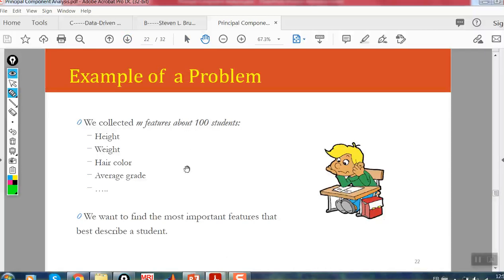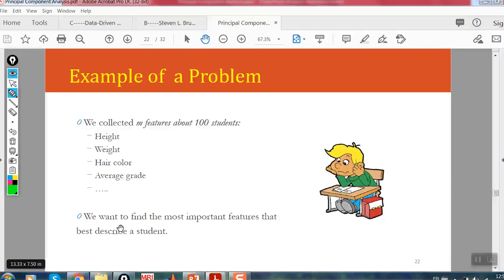For example, you have 100 students. You measure the height, weight, hair color, average grade, the color of eyes, the thickness of hair. Okay, and then each student has these features. For example, my height is around 170.